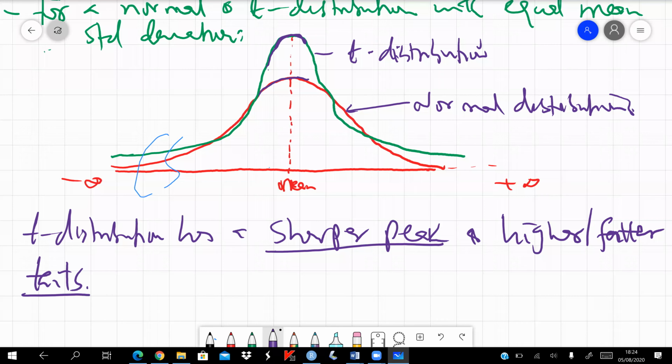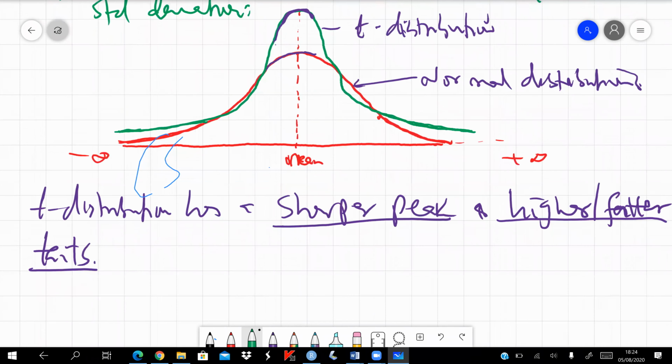If you check, the tails of the t distribution are a little bit higher than those of the normal distribution. These are the tails. As you can see, it is fatter than the red one. Even on the other side, we see that the normal distribution dies out very quickly. This one remains up for some time, but in the long run, they coincide. They become the same distribution.